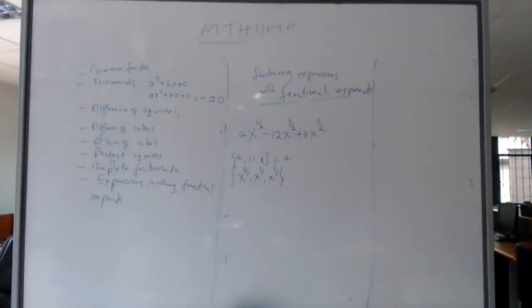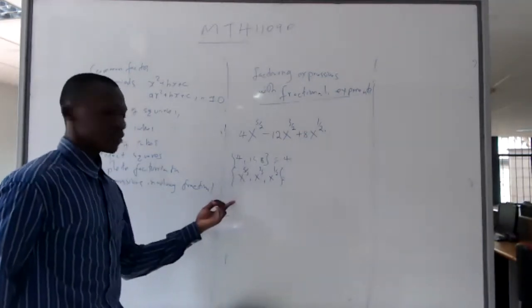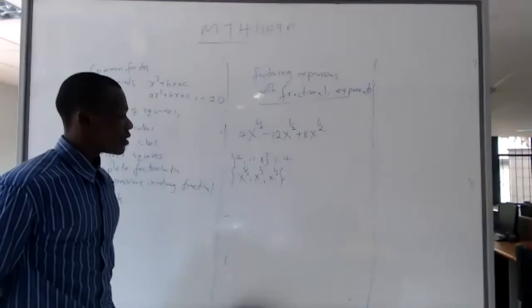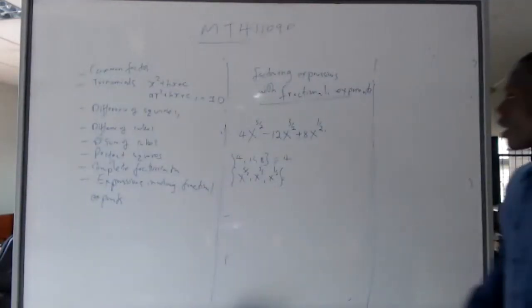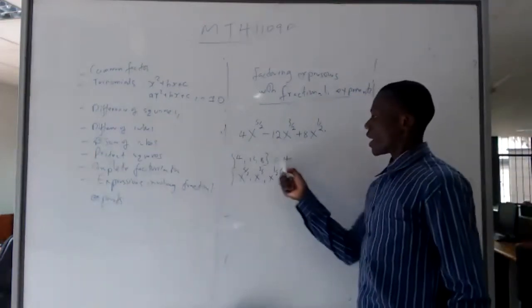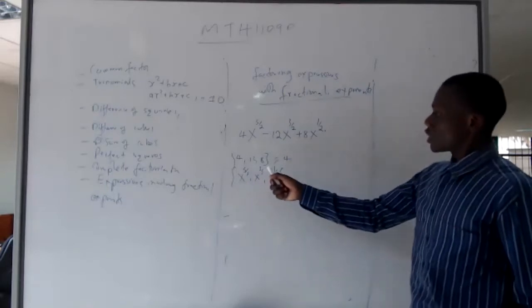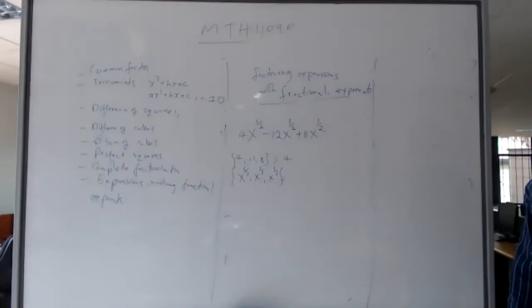Is it a half? Did someone say a half? I'm asking for the greatest common factor of x power 5/2, x power 3/2, x power 1/2.